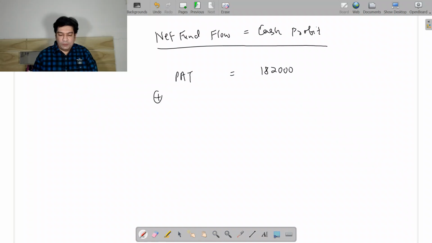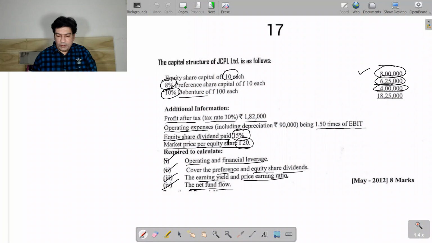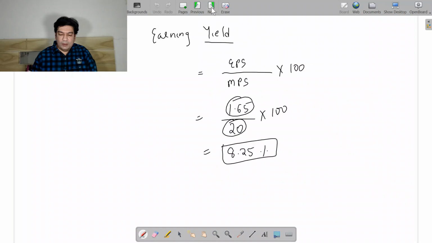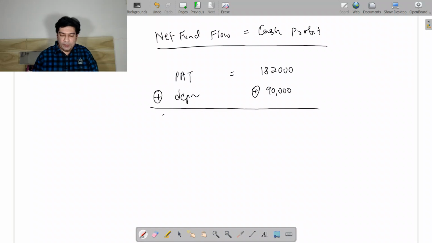Now in this you have to add your depreciation. Since depreciation is a non-cash expense, and they have told you that the depreciation is 90,000. So 90,000 you have booked as an expense, but you have not spent it in the form of cash outflow. So 90,000 depreciation you will add. This gives you your cash profit. So 1,82,000 plus 90,000, so 2,72,000 is your cash profit.